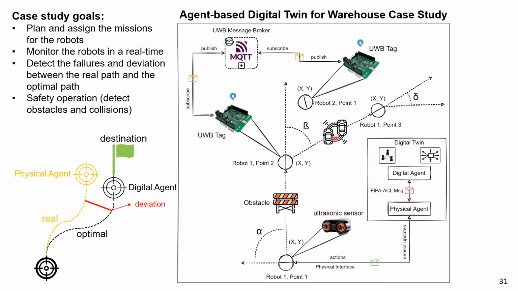That's why collision detection is done at a high level, or the digital twin level. However, ultra-wideband tags are used to navigate and localize the robots in their paths, and ultrasonic sensors are used to detect obstacles in front of the robot.